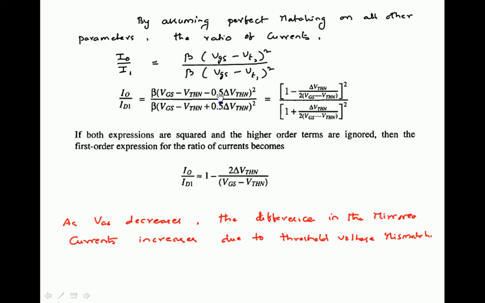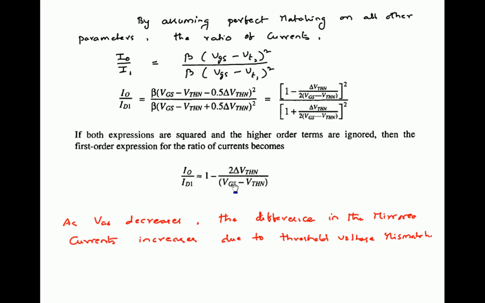After substituting and simplifying, and ignoring higher order terms, I0 by ID1 is approximately equal to 1 minus 2 times delta VTN by (VGS minus VT).